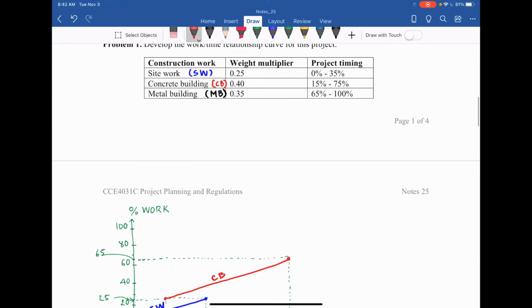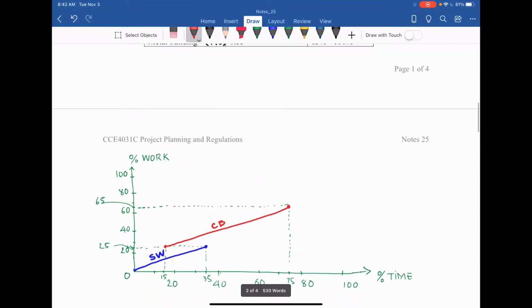Similarly, we do the metal building, with 35% effort. It means going from 65, where the concrete building finished, to 100%, so the total effort is 100%. The timing is 65% to 100%.